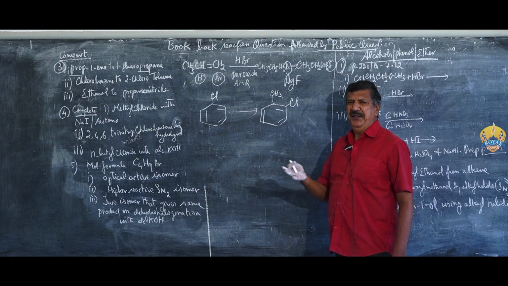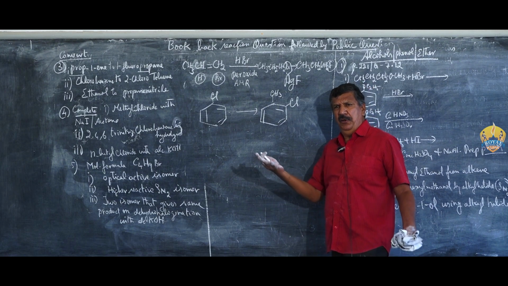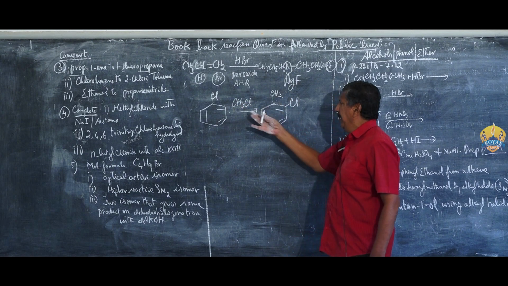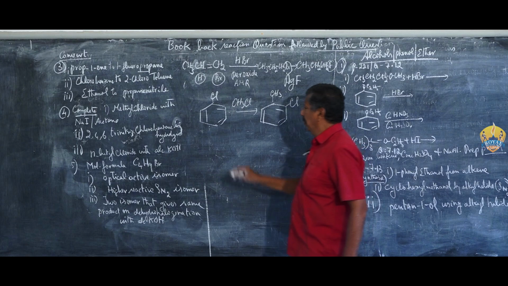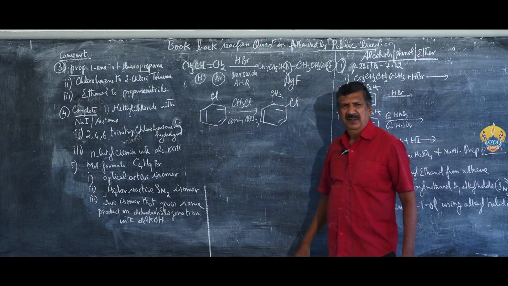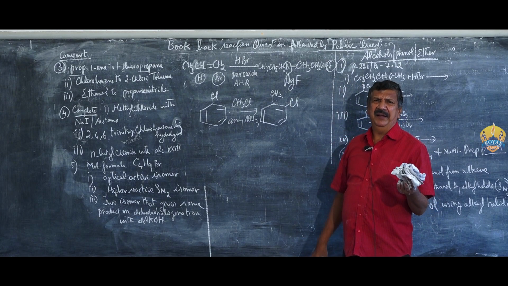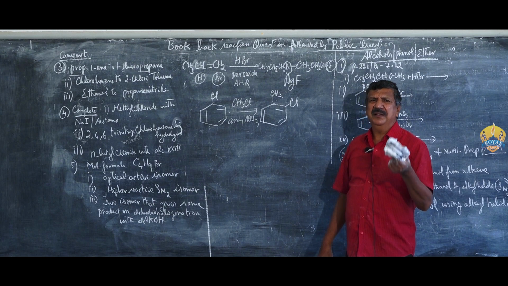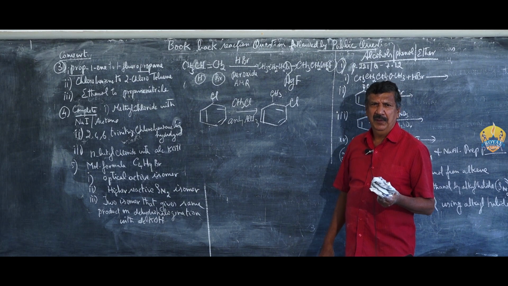But we introduced one methyl. How can you introduce a methyl? By adding methyl chloride. This is called Friedel-Crafts reaction, that's all. The asking is indirect. In chemistry, they always prefer to ask indirectly.